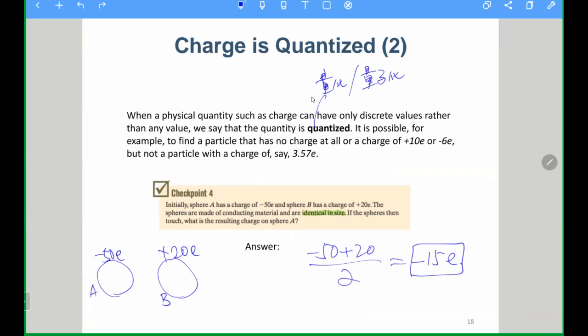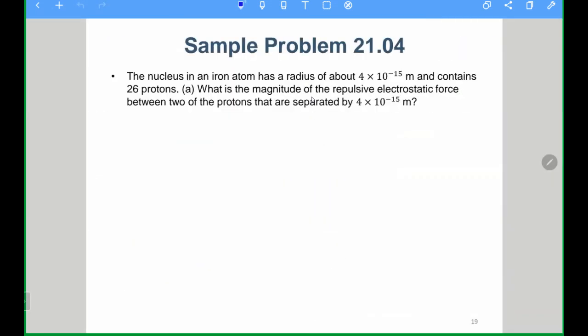Okay, so here is another sample problem. It says the nucleus of an iron atom has a radius about 4 times 10 to the -15 meter and contains 26 protons. What is the magnitude of the repulsive electrostatic force between two of the protons that are separated by 4 times 10 to -15 meter?